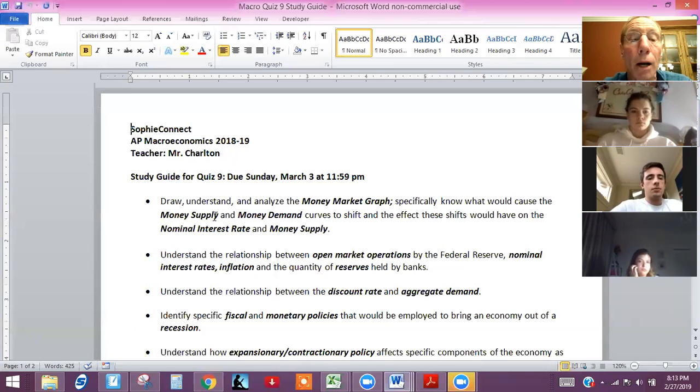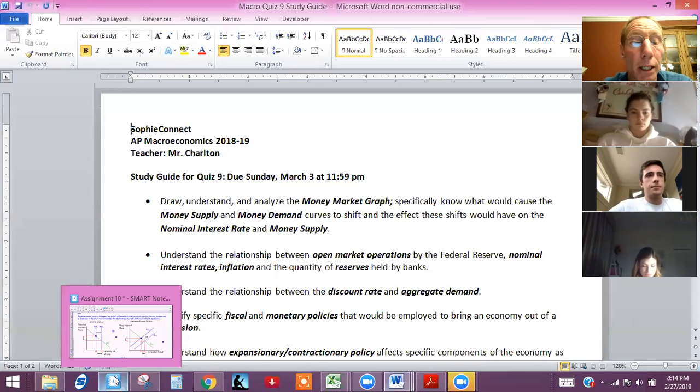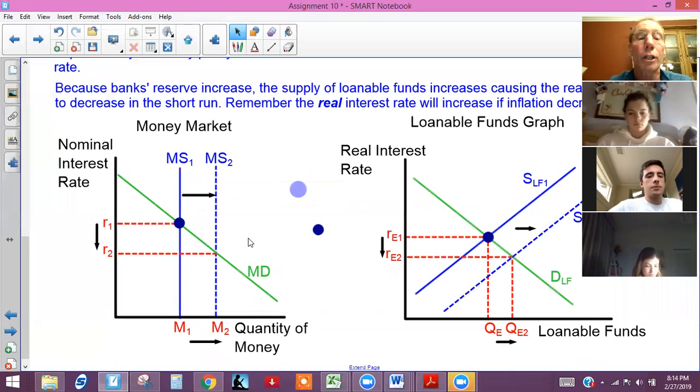What would cause the money supply to shift, right? Well, that's just going to be shifted by the Federal Reserve either using expansionary or contractionary monetary policy, right? If the Federal Reserve sells bonds, that means banks are getting bonds, right?